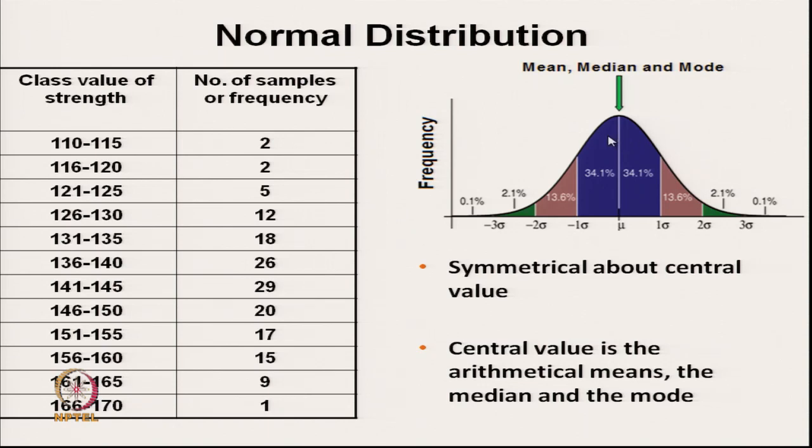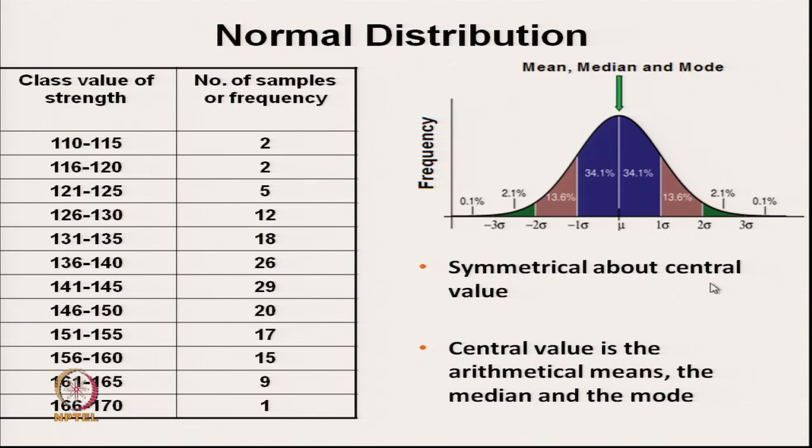The number of data on the left side of the central line and on the right side are almost the same. That means it is the median, and if we take the average value, this will be the same. That is why in a normal distribution the central line coincides for mean, median and mode.